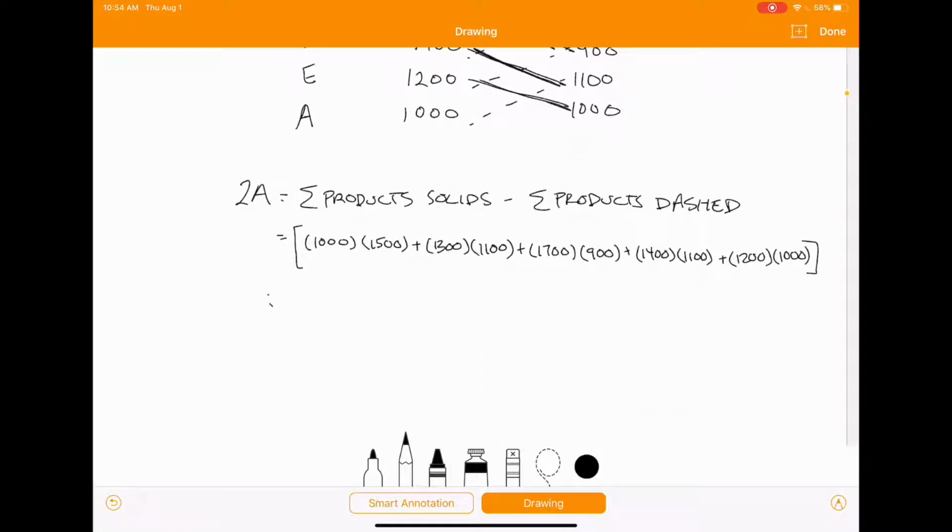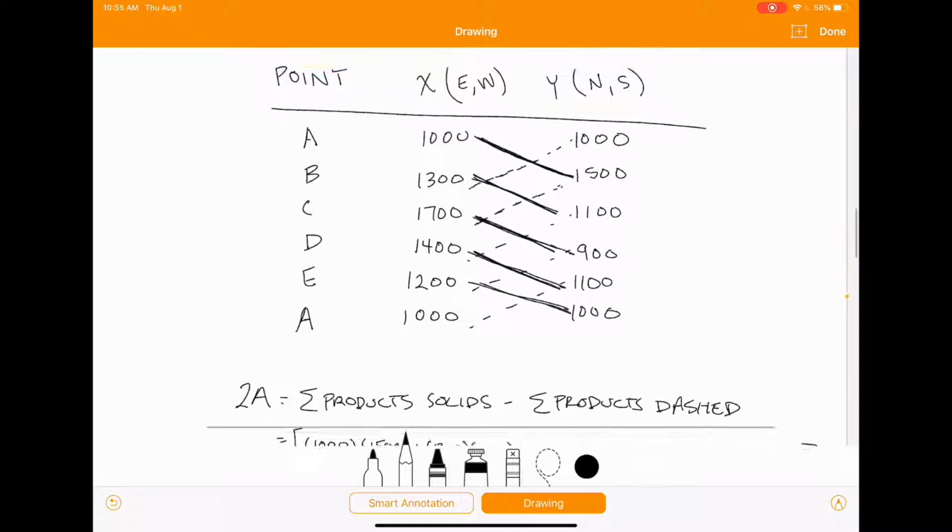And then you're going to subtract the sum of the products of your dashed lines.